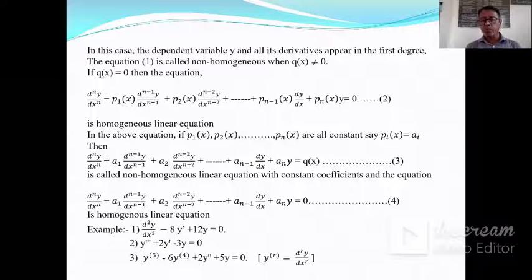Or, in the third example, the fifth derivative of y minus 6 times the fourth derivative of y plus 2y'' plus 5y is equal to 0. Here the rth derivative of y with respect to x, y^(r), is equal to d^r y by dx^r.